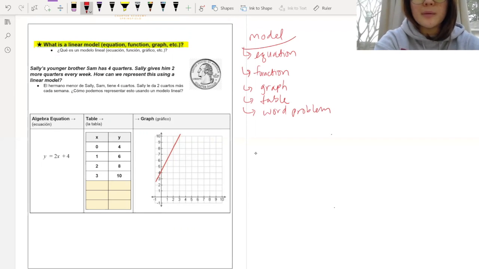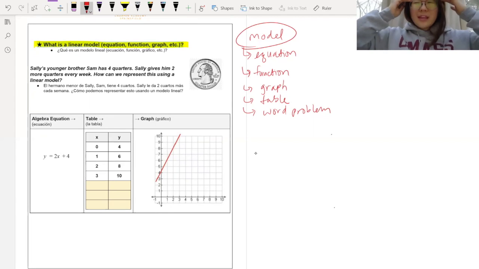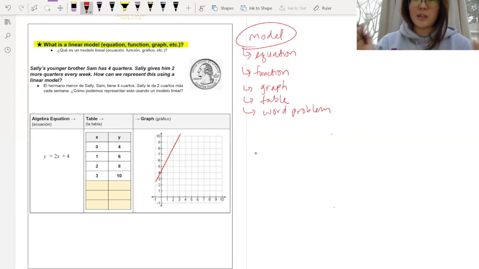A model is basically a way of saying, how can I represent, how can I explain a situation, a scenario? Keep this in mind: when I think about the linear model, you want to think about all the ways we can represent something. And it's really just a connection between an independent variable and a dependent variable.